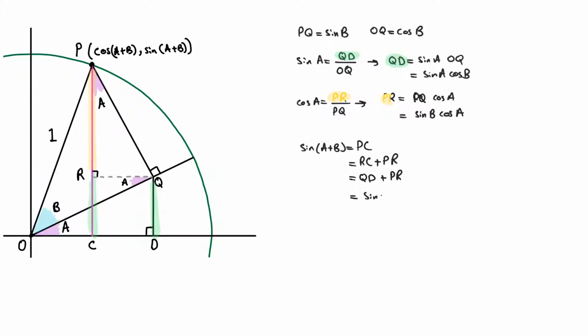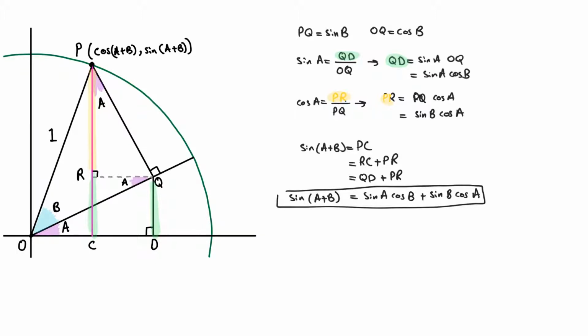It's equal to sine A cosine B, and we know what PR is. PR is equal to sine B cosine A. And we can see that this is our identity for the compound angle of sine. I'm just going to highlight these so you can see it a little bit easier within the diagram.